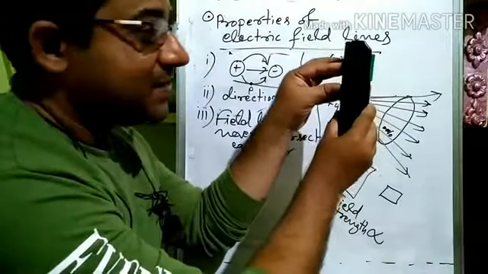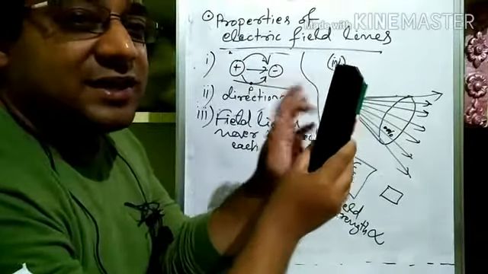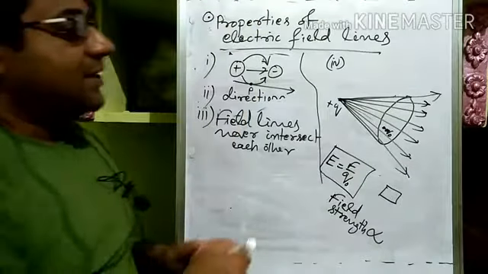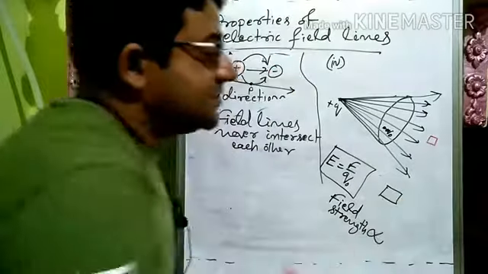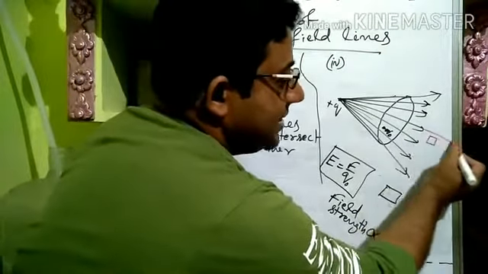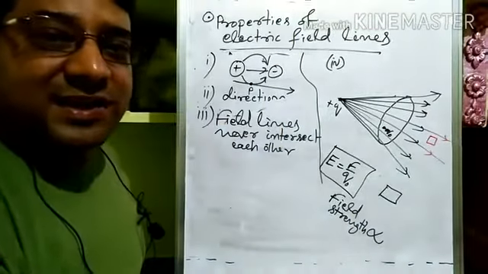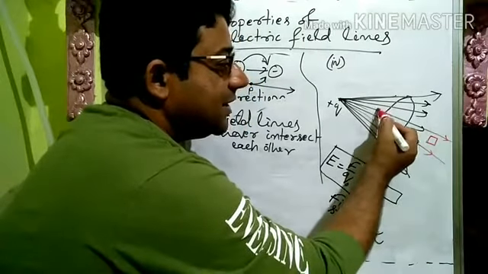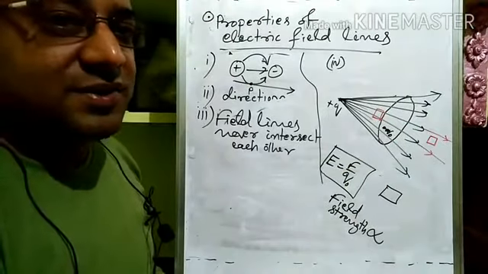If you take at different points, the number of lines passing are differing, yes or no? Let me explain what I said. Now see, here if I take this unit area of cross section, how many lines are going through this? If I bring it here, this line is passing this way, this line is passing this way, and through this no line is passing, right? And if I bring it a little closer, and take the same area only, two lines are passing through that, yes or no?